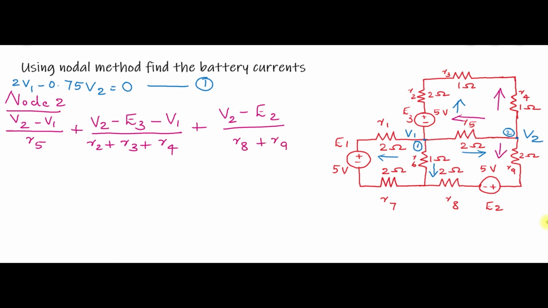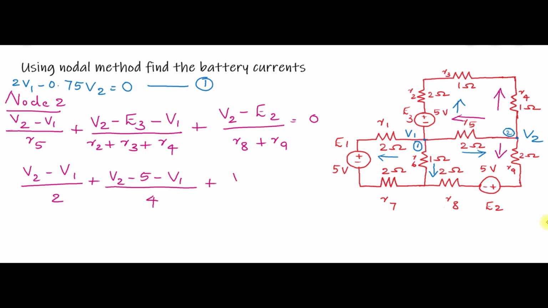So V2 minus V1 divided by R5, where R5 is 2. Then V2 minus 5 minus V1 divided by R2 plus R3 plus R4, which is equal to 4.